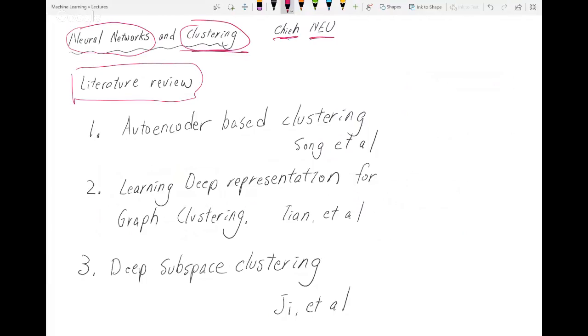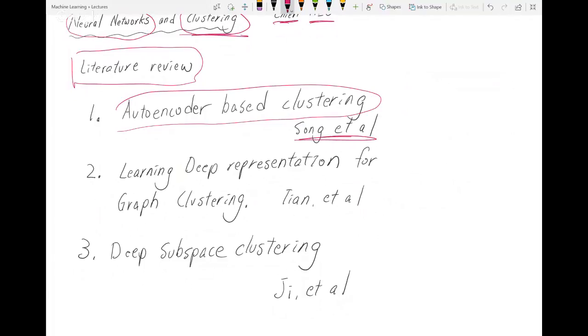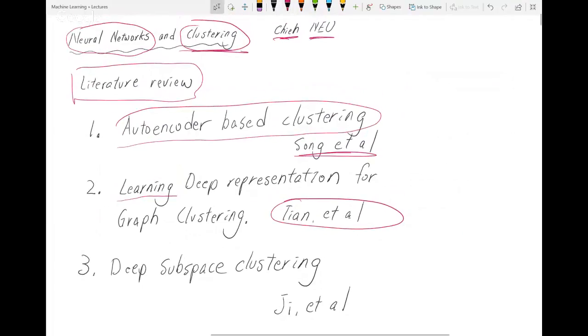So, in any case, we're going to be going over, in general, three papers. One called Autoencoder based clustering by Song et al. Another one is by Tian, deep learning representation for graph clustering. And then the third one we're going to do is deep subspace clustering by Ji et al.